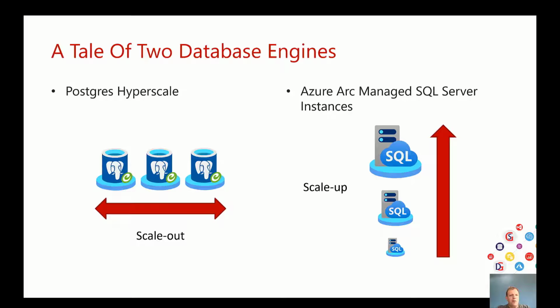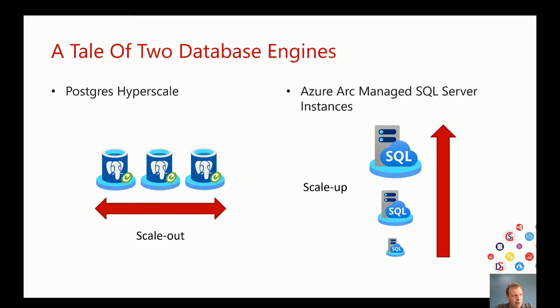A tale of 2 database engines. At the time of putting this material together, although Microsoft are making noises about other databases and analytics platforms coming to Azure Arc enabled data services, you can deploy one of 2 things. You've got Postgres Hyperscale, which is a scale-out data platform.